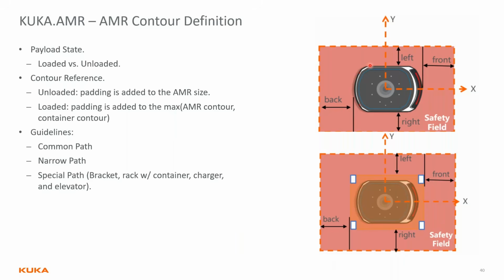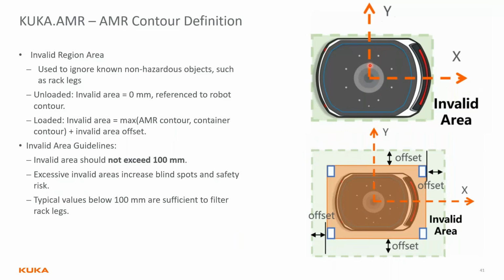If it's carrying a container that's larger than itself, then it's going to add that padding to the container size. And there are also different paths that you can specify on the edges: the common path, narrow paths, or special paths going into brackets, racks, or chargers and elevators, and so on.